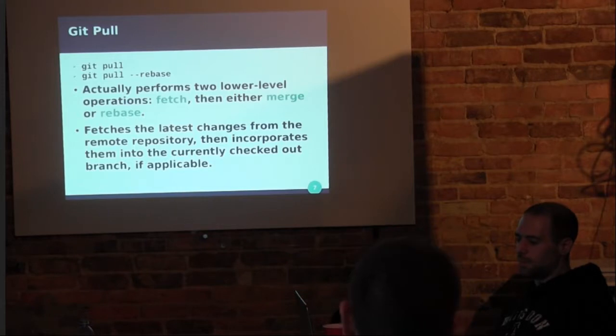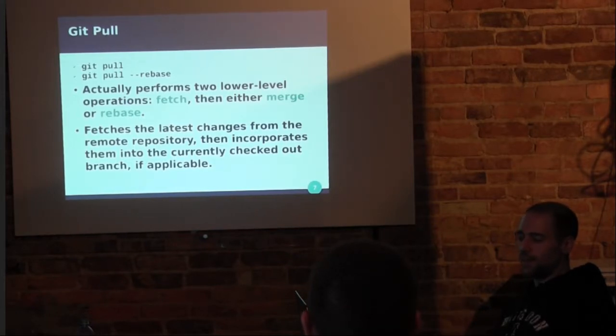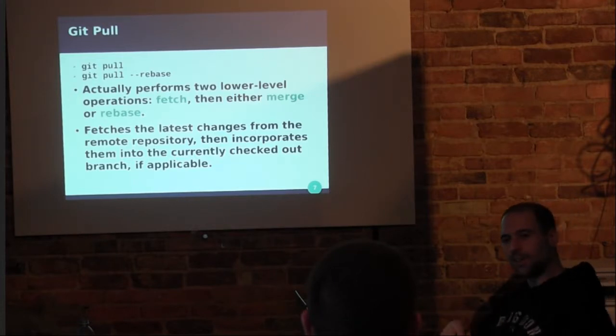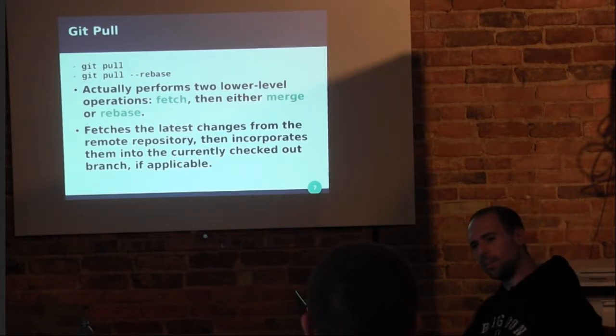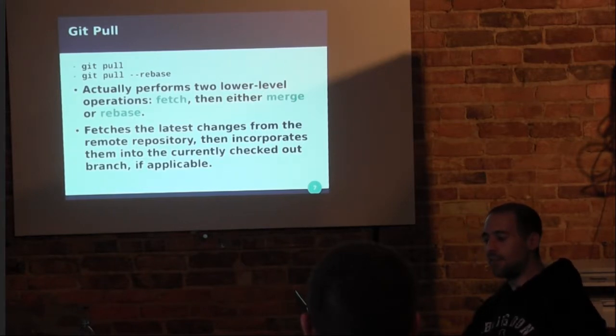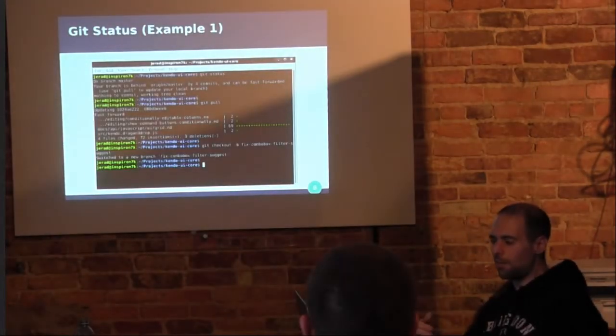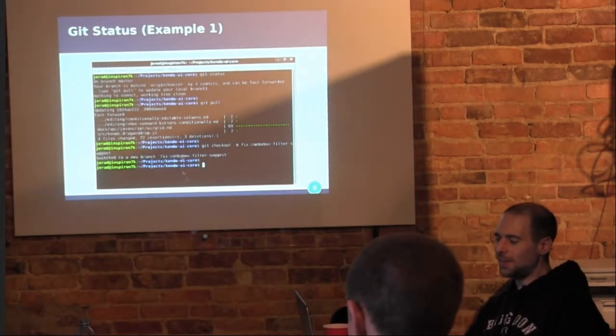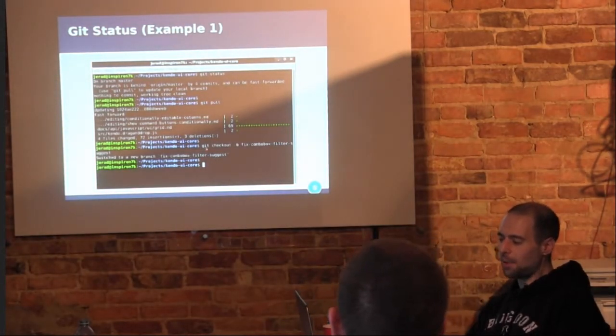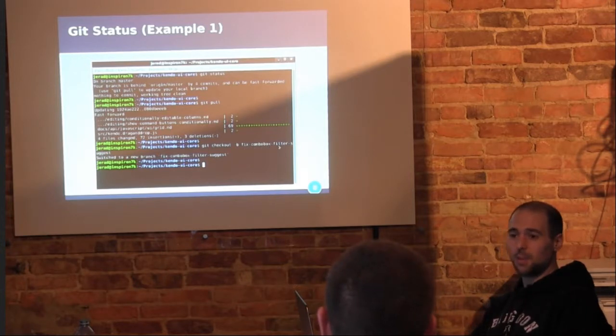So merge and rebase incorporate the changes that are fetched from the repository into the currently checked out branch, if applicable. If I can back up for a second, the reason I put "if applicable" in there is that this fix combo box filter suggest is a brand new branch.